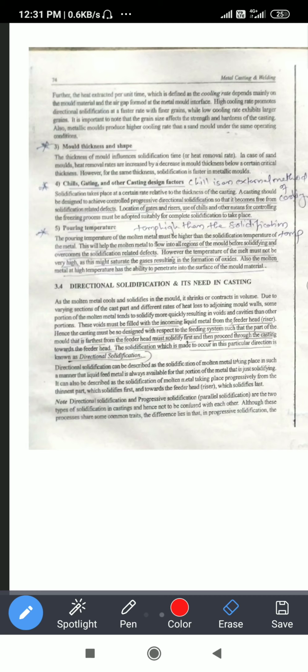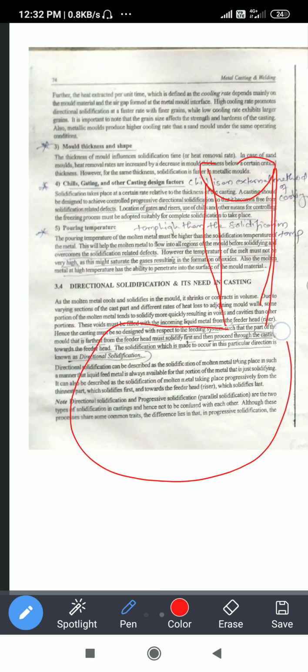So, designing the riser is also very important. Usually the riser is designed with a tapered part. This is the top of the riser, and it is connected to the cavity.